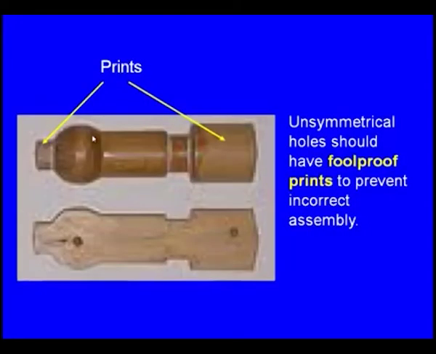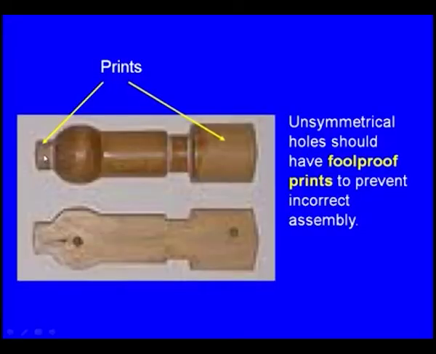So, to avoid this chance of misplacing the core in the wrong direction, the core should have foolproof prints. Here you can see this is the print and here this is the print. Here the print is smaller and here the print is bigger. Can someone by mistake change the direction and put it in the wrong direction?